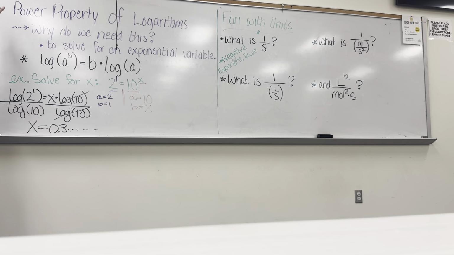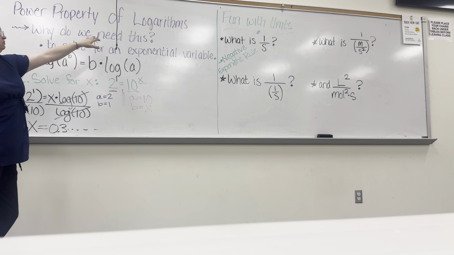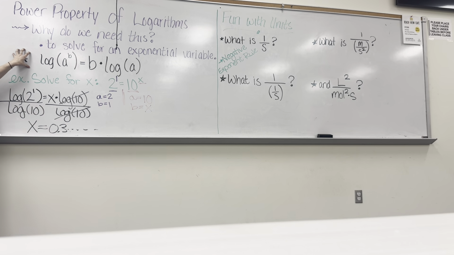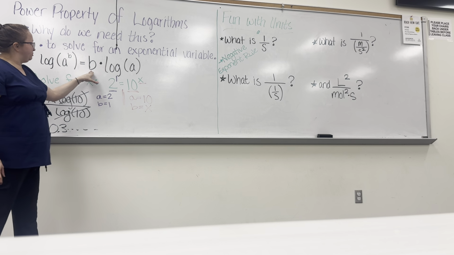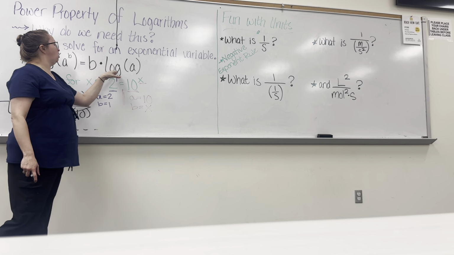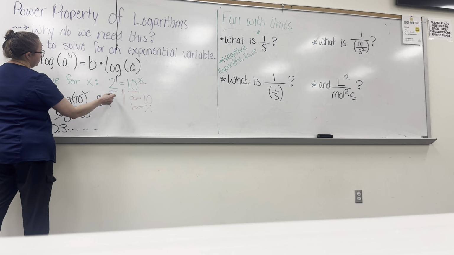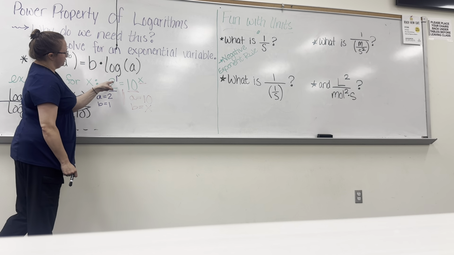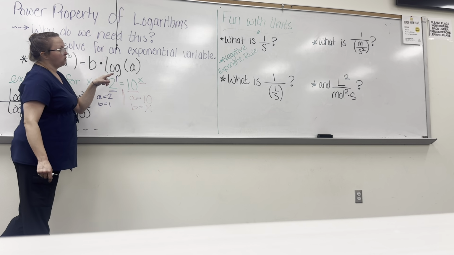But that is the idea: how you use the power property of logarithms, and why you need it to solve for an exponential variable, so a variable inside your exponent. This is the law. Log of the quantity a to the b power equals b multiplied by log of the quantity a. There's an understood power of 1 here. A 2 is never just a 2. It's a 2 over 1, and it's a 2 to the power of 1.